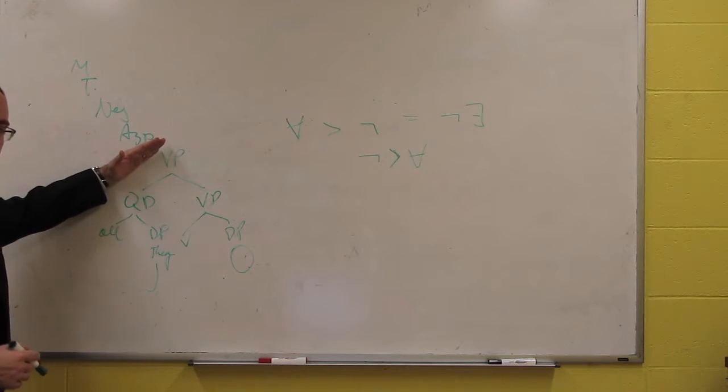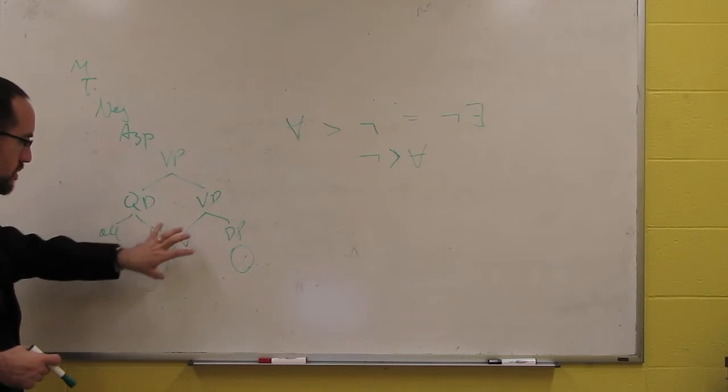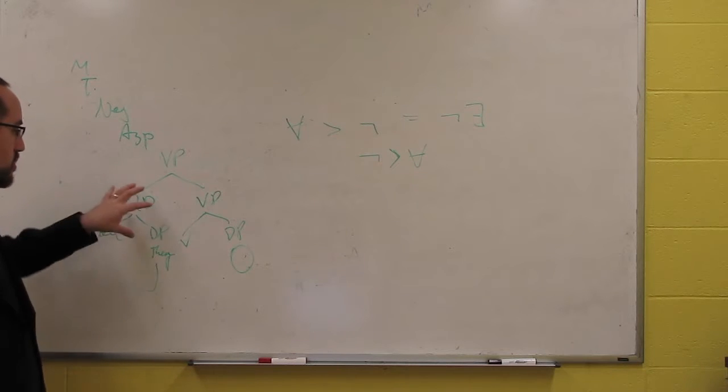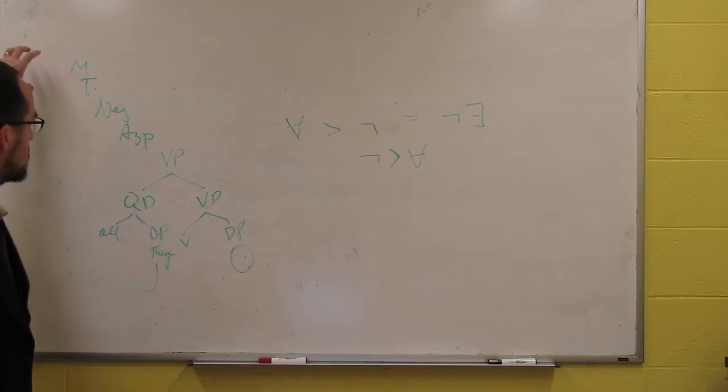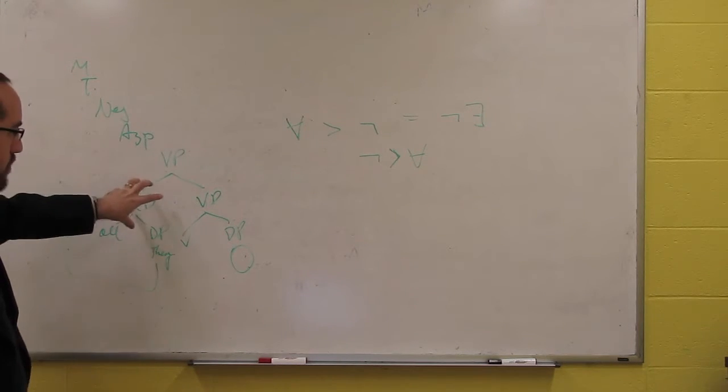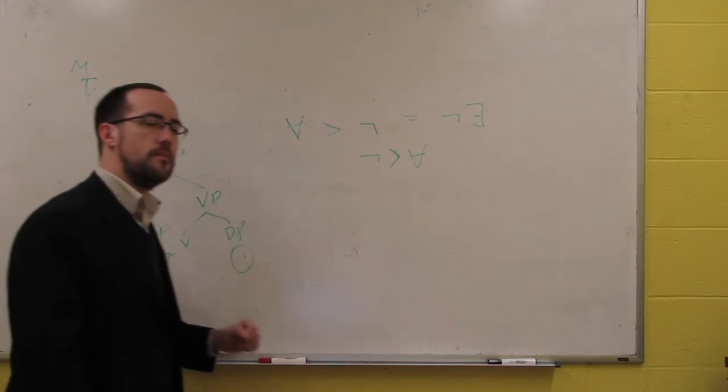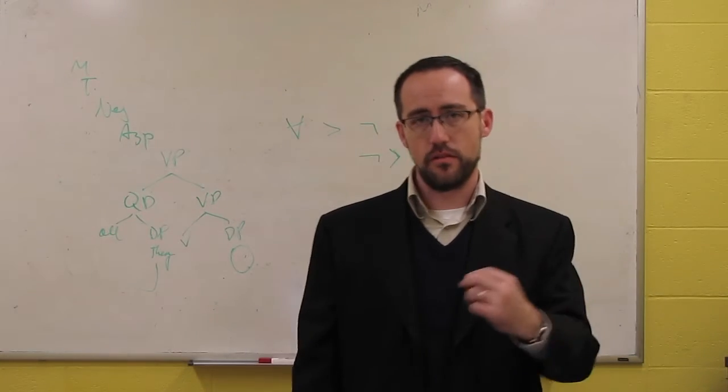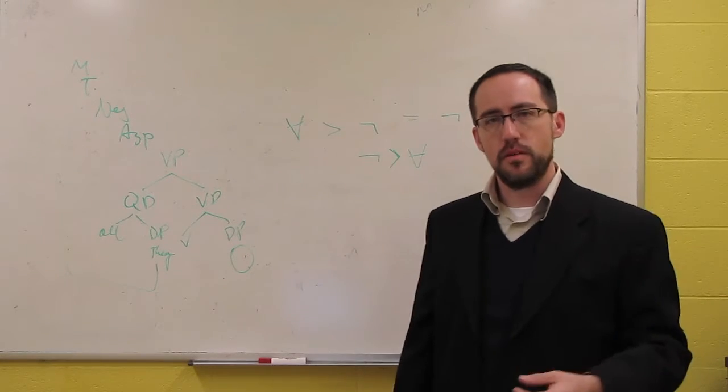But here we just have the arguments of the verb, right? The actual participants. And so we're not separating the subject by putting it way up here, we're keeping it down low. And essentially, we're going to deal with those first. And that's a bit more intuitive.